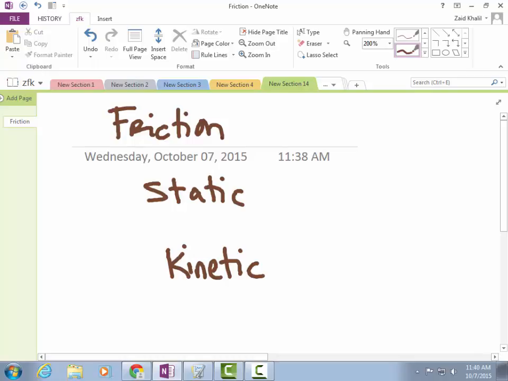Think about this. Do you think the amount of friction that the Earth exerts on this desk is greater than the force of friction it exerts on, let's say, this stapler? Yes or no? Do you think the floor exerts an equal force on both of them?